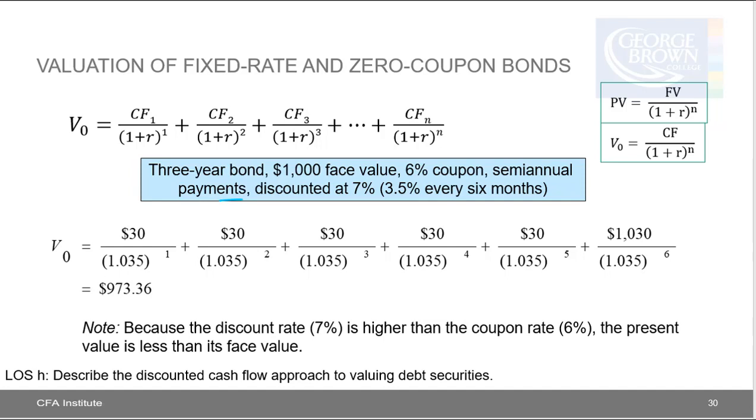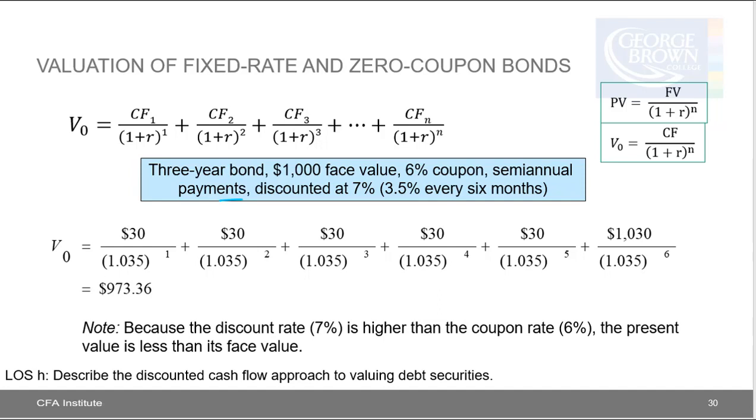So again, I believe this is why finance gets easier the further you go, because you start to see some overlap. And so again, the discounted cash flow approach to valuing stocks is really no different than the valuation approach that we used for the price of the bond, and that's being built up on the foundation that we learned in the quantitative concepts, that the present value equals the future value divided by 1 plus r to the n.